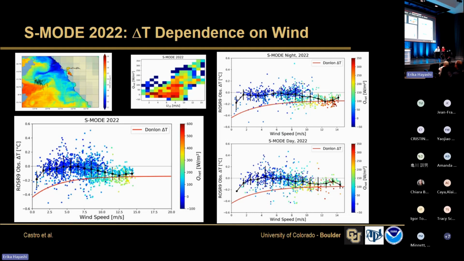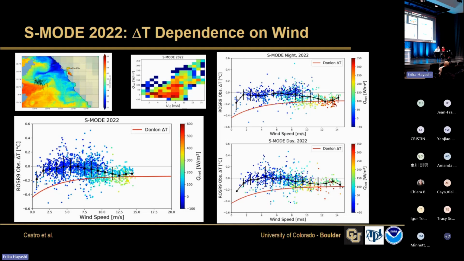What we're going to try to show you are conditions where the observed dependence disagrees with the red curve. In this particular experiment, they couldn't be more different, the observations and the Donlon dependence.